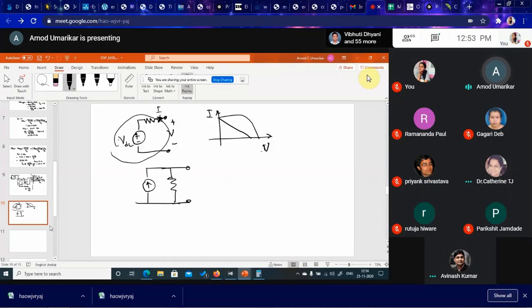Let's say there is a resistance called RMPP, which is VMP upon IMP. So we have to achieve this RMPP.